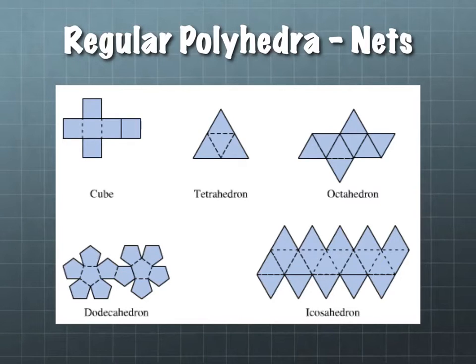We have the dodecahedron. There's all those pentagons separated out flat. They look like flowers. And then the icosahedron, which looks somewhat like an argyle sweater. So these are different nets for those specific shapes.